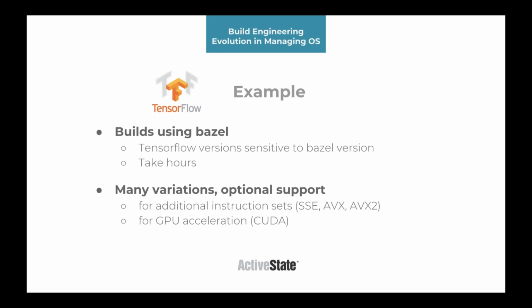TensorFlow, everybody wants it to run fast because it does a lot of work, and there are a number of options for making it go faster. The instruction sets that you can optimize for include SSE, AVX, AVX2, and I believe there's now support for AVX-512.